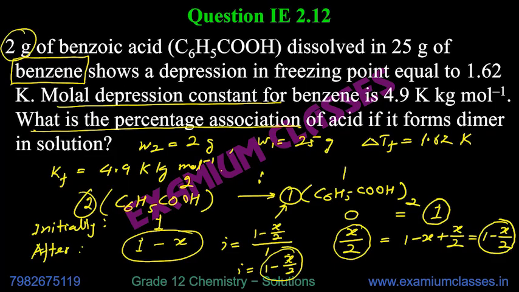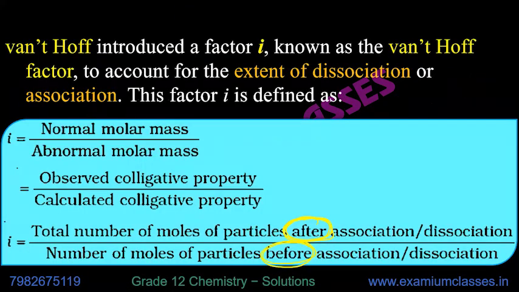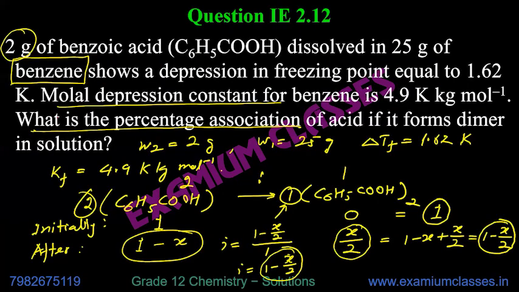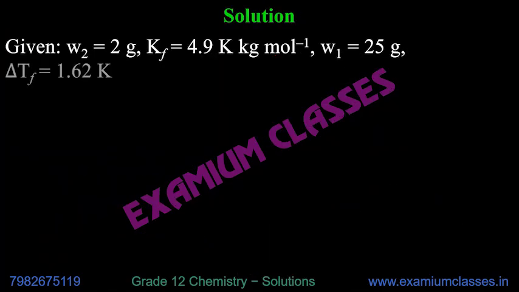But if we see from this formula, I is also given as normal molar mass divided by abnormal molar mass. And normal molar mass we can calculate by the formula itself. The formula is C6H5COOH. From here, normal molar mass can be calculated. What is the abnormal molar mass?